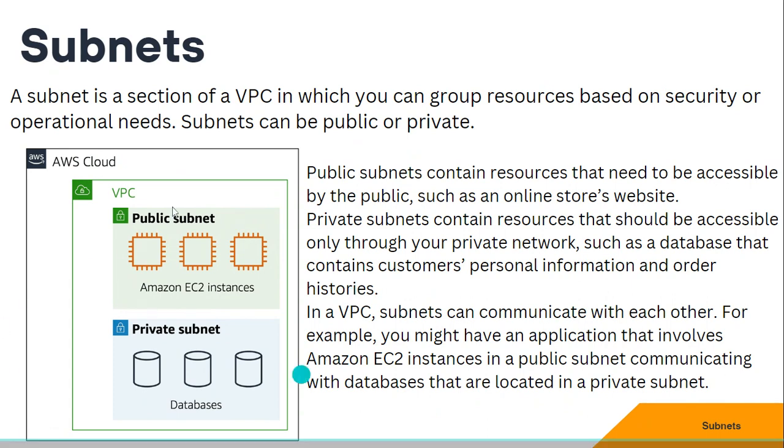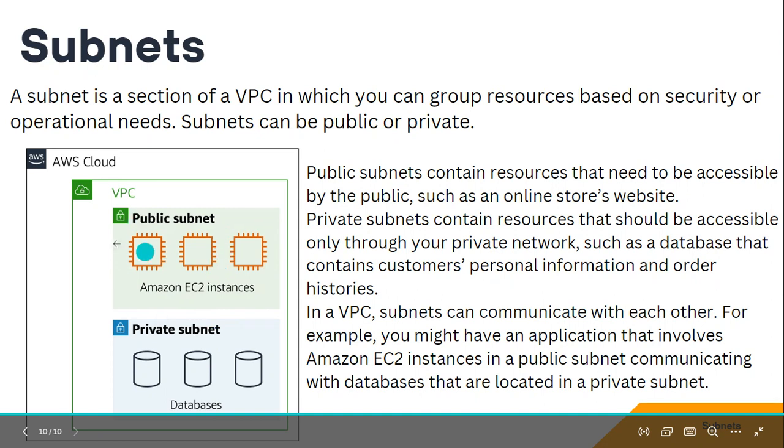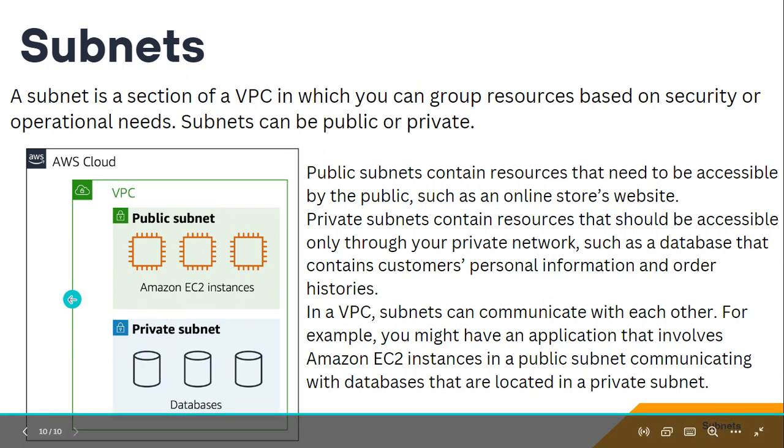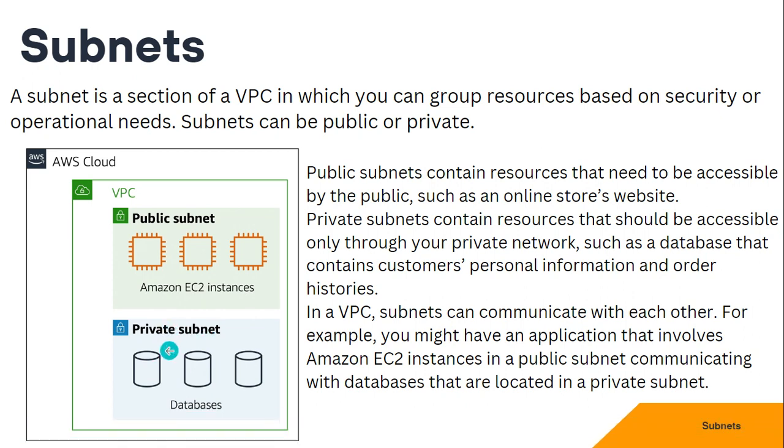Here you can see this is the public subnet. People can access it, but we cannot access the private subnet unless we have permission. Public subnets can contain resources that need to be accessible by the public, such as websites or anything like that.